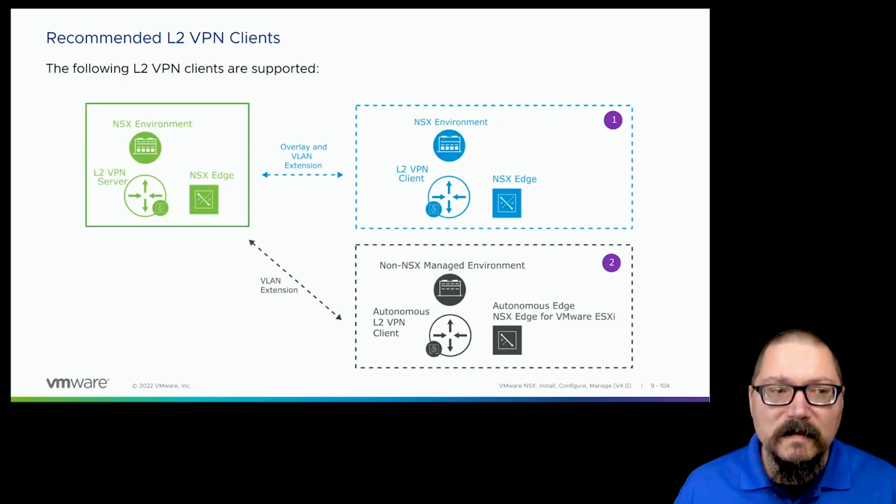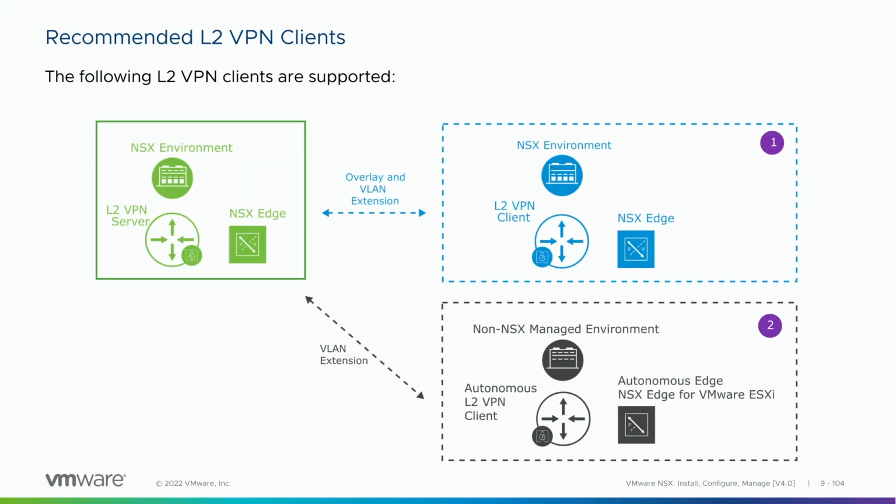Now, layer 2 VPN clients. I mentioned that an NSX gateway has to be the layer 2 VPN server, right? And then we've got a couple of different kinds of clients that we can look at. One would be another NSX managed gateway. So a Tier 0 or a Tier 1 gateway out in another location. We can also support, though, non-NSX managed environments through what we call the autonomous edge.